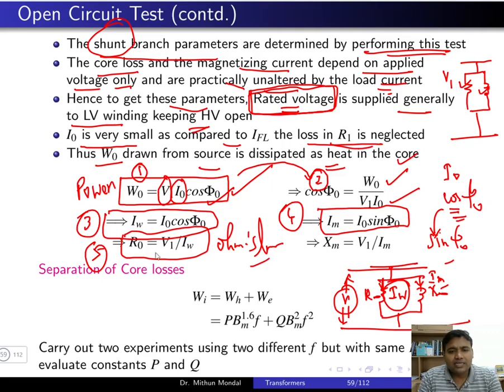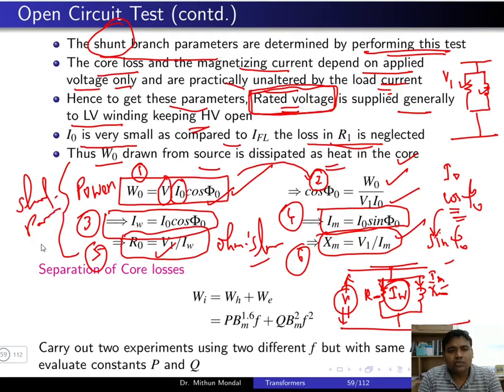So we can find the resistance R naught, and similarly the sixth step will be to find the reactance in the circuit from the knowledge of the supply voltage and the magnetizing component that we have calculated. So in these particular steps we will be trying to find the shunt parameters using the open circuit test.